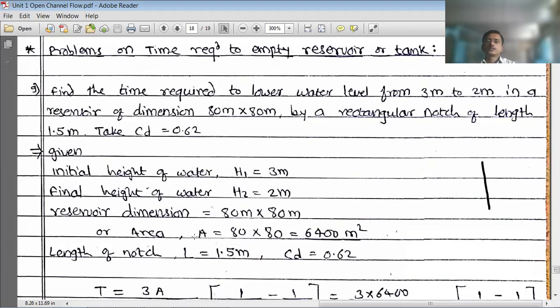Write down the given things. Initial height 3 meter, that is h1 is equal to 3 meter. Final height 2 meter. Reservoir dimensions are given that are required for finding the area.